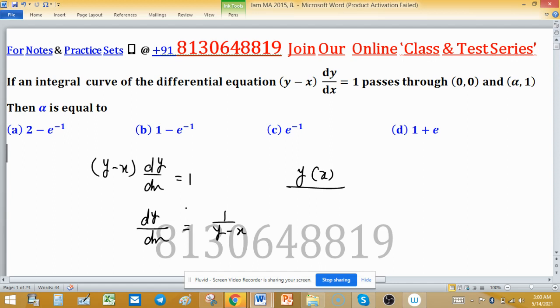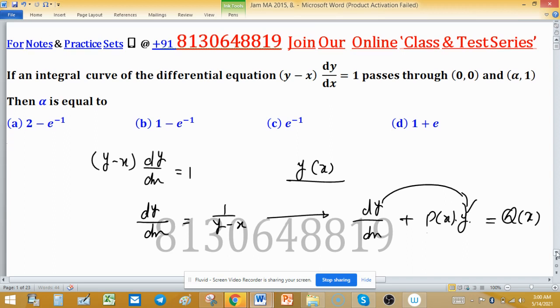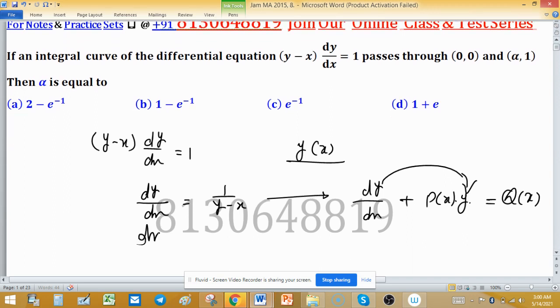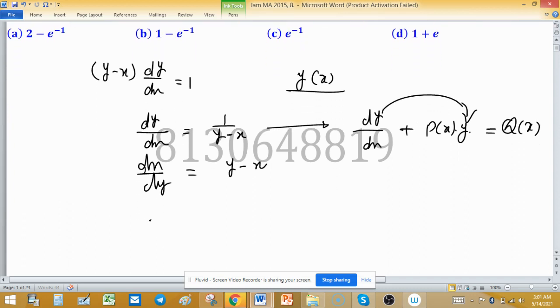Also you cannot see this type of differential equation as dy over dx plus Px, where x is the independent variable, equal to Qx. The structure of this differential equation doesn't appear like that, but if you take dx over dy, then you can write y minus x, and in this way you can write this differential equation as dx over dy plus x equal to y.